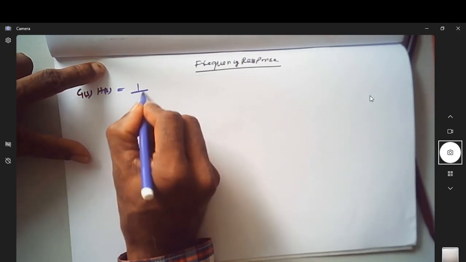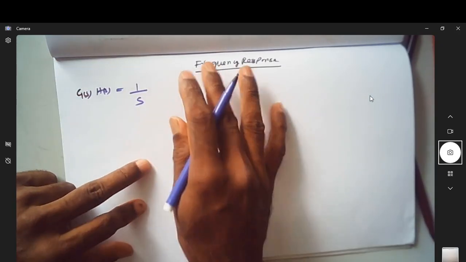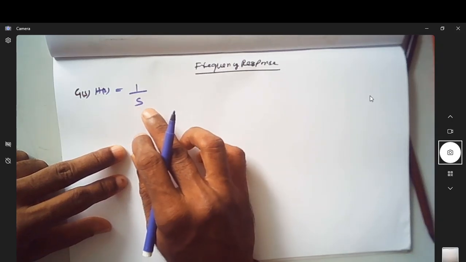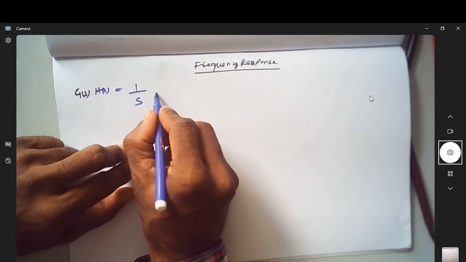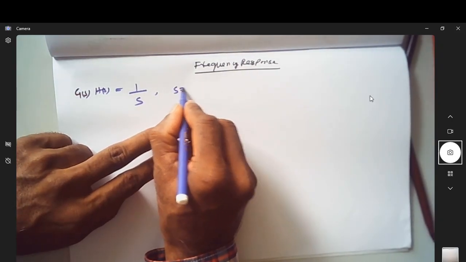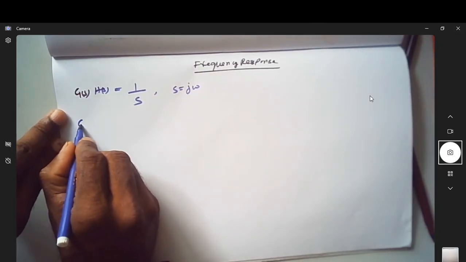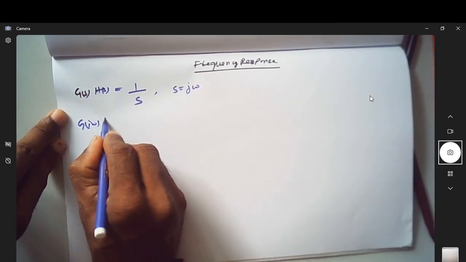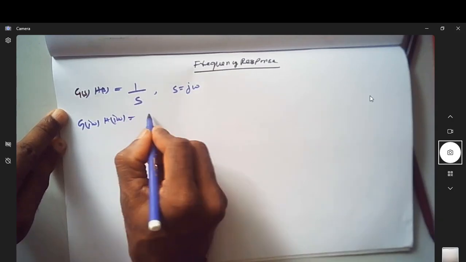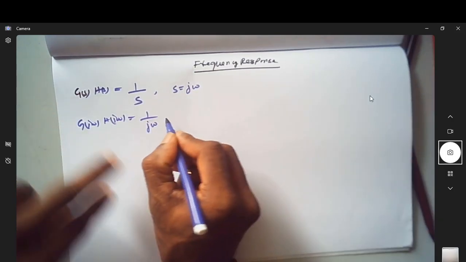If it has a pole at the origin, how does the frequency response of this look like? As we know, we are replacing s by j omega, so G(j omega) H(j omega) will become 1 over j omega.